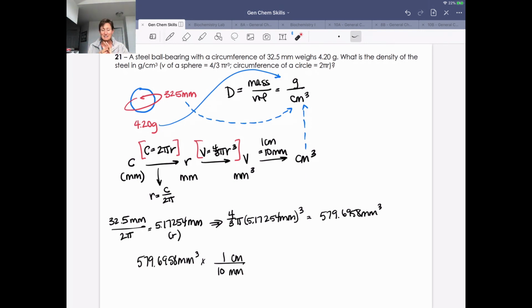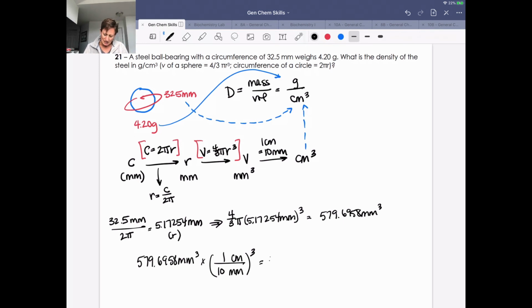A classic mistake that I see all the time is people have the right relationship, whether it's 1 to 10, 1 to 100, 1 to 1,000, but they put the wrong number with the wrong unit, okay? So we have to make sure here, because we want millimeters cubed, this whole quantity has to be cubed. That's something that we've learned about already.